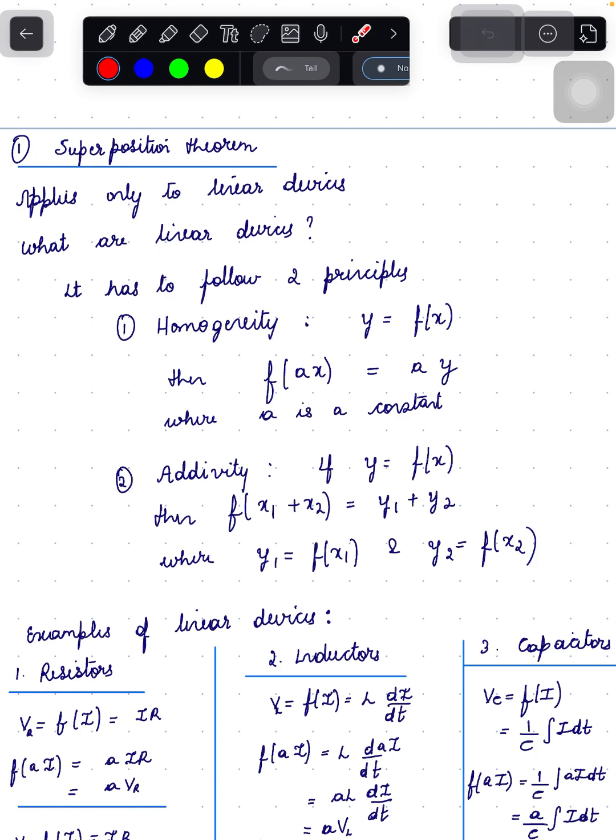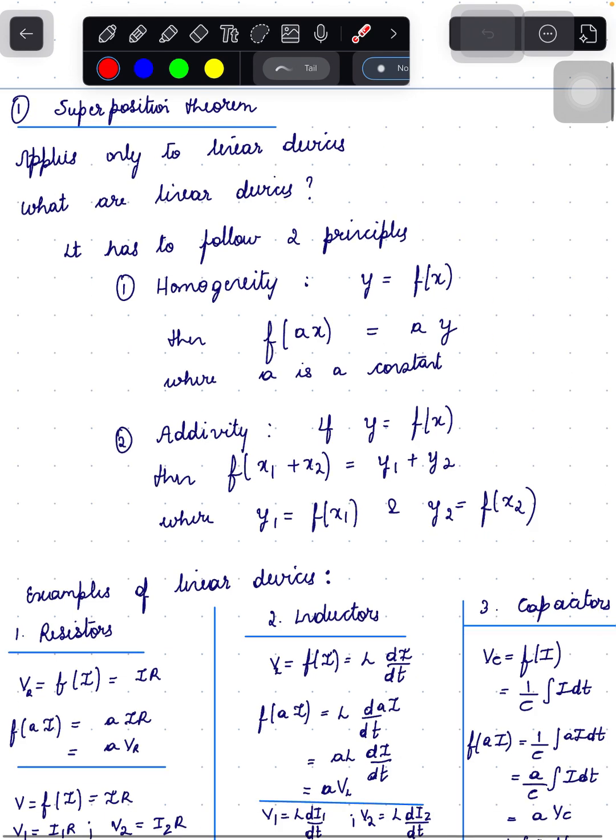Then if the input is a times x, where a is a constant, then the output should be a times y. Additivity: if y equals f of x, then f of x1 plus x2 should be equal to y1 plus y2, where y1 equals f of x1 and y2 equals f of x2.